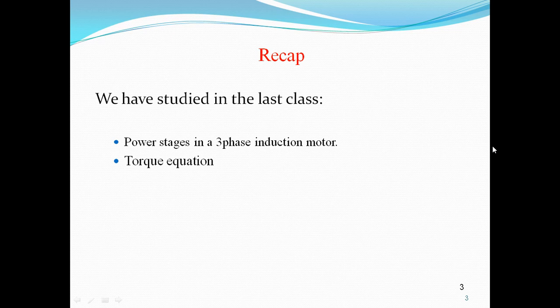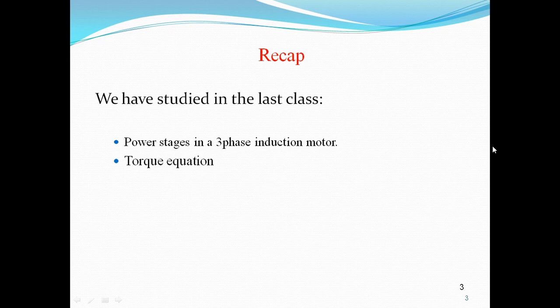This flux passes through the air gap and cuts the stationary rotor conductors. When this flux cuts the rotor conductors, an EMF is induced in the stationary rotor conductors according to Faraday's laws of electromagnetic induction.